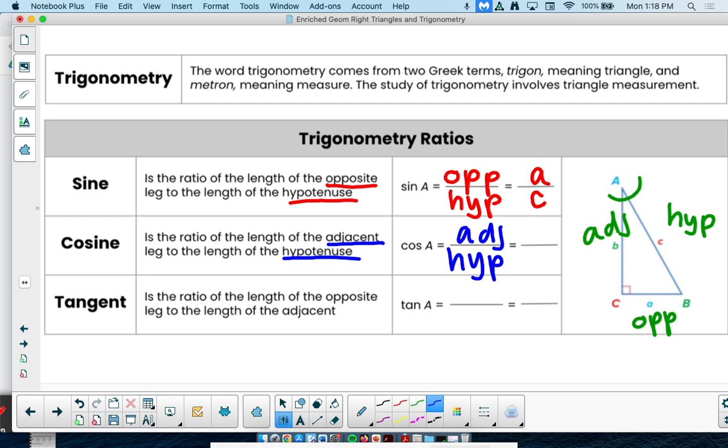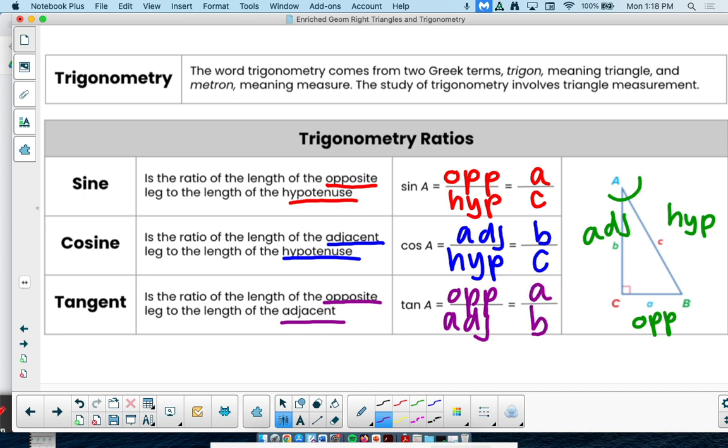B over C. And then the tangent ratio is your opposite leg over adjacent. So if we look at our picture, what's your opposite leg? A. Your adjacent is B.